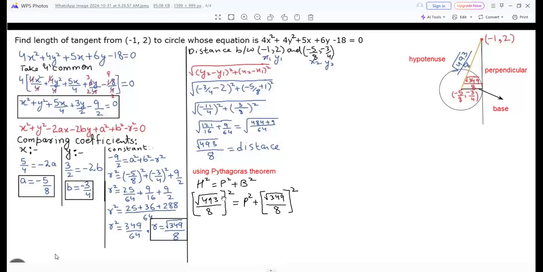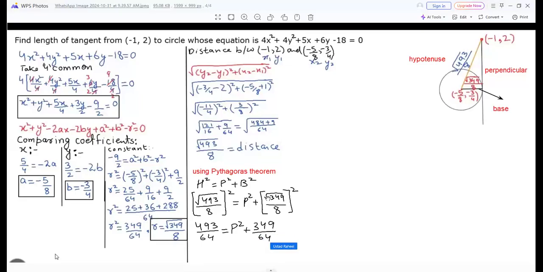So when I apply the square on this one, the root is removed, and this will become 64. So I'm going to have 493 over 64 equals perpendicular square, which will remain the same, plus the square of this one, so this will become 349 over 64.